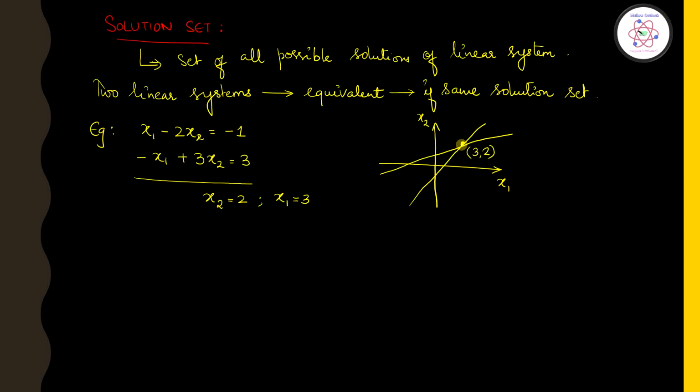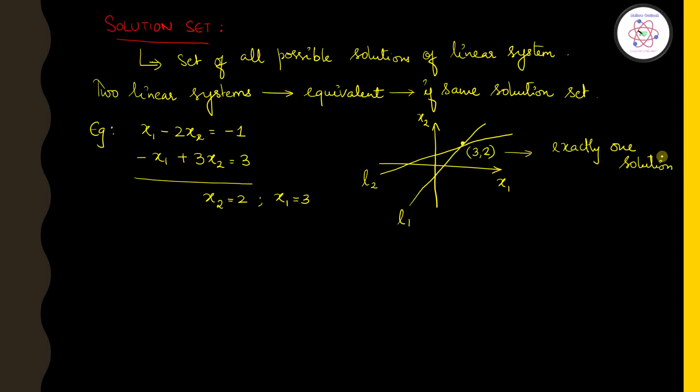One linear equation in this case corresponds to one straight line, and the second linear equation corresponds to a second straight line. The point where these two intersect would be the solution of the system of two linear equations in two variables. If there is only one single point of intersection, that means the equations have exactly one solution.